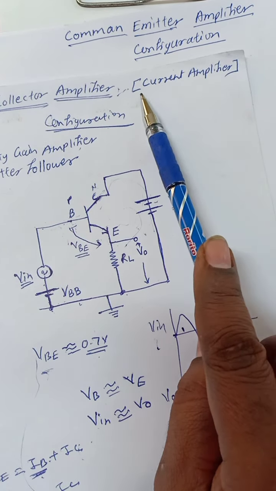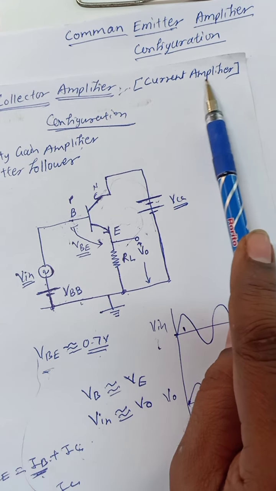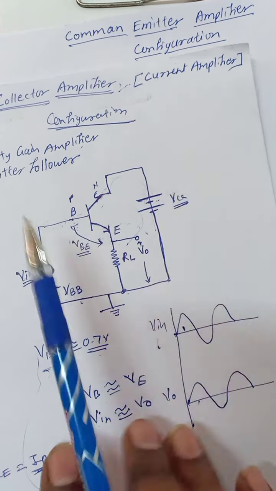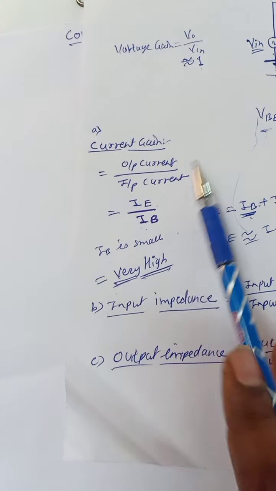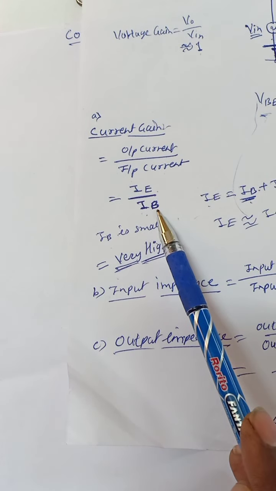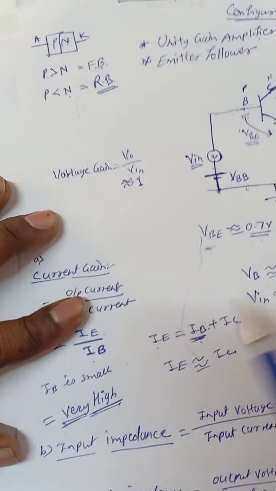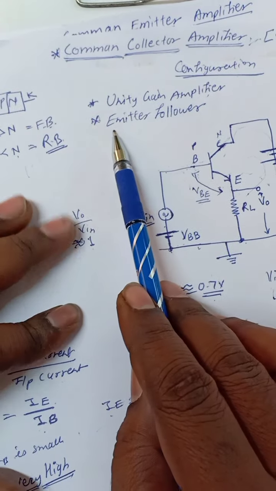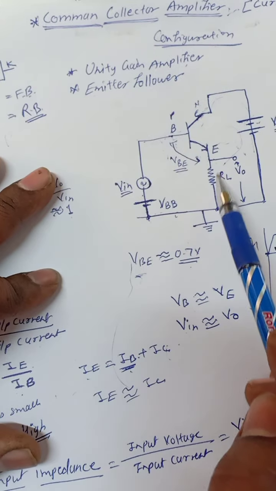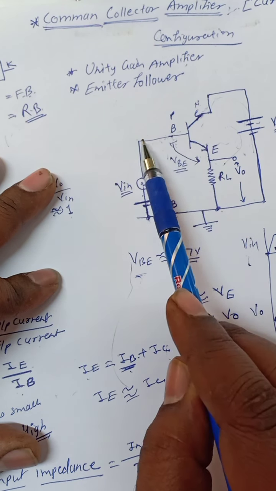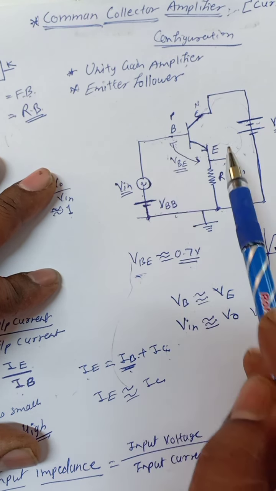Another important point is that it is a current amplifier. There is only current amplification, so output current divided by input current is very high. It is also called emitter follower, because the emitter voltage follows the base voltage.